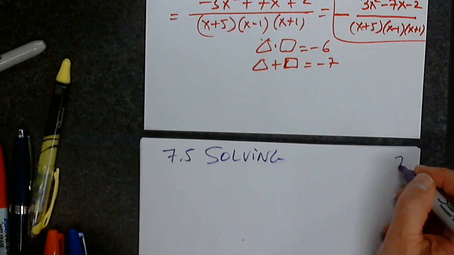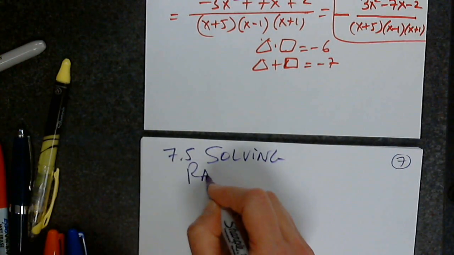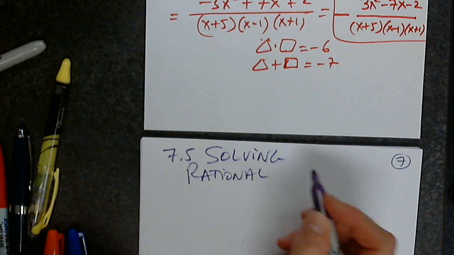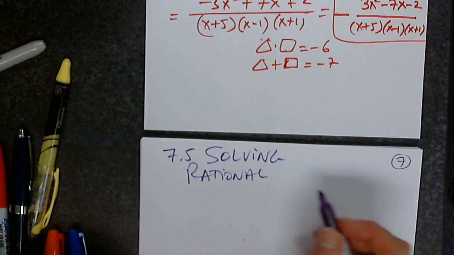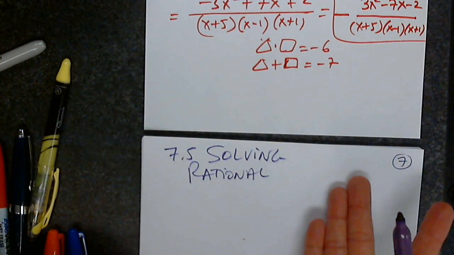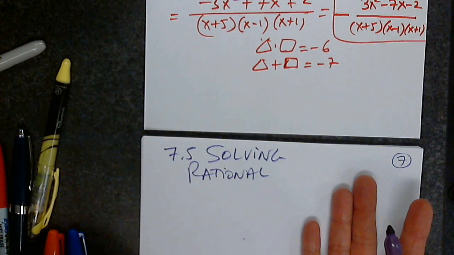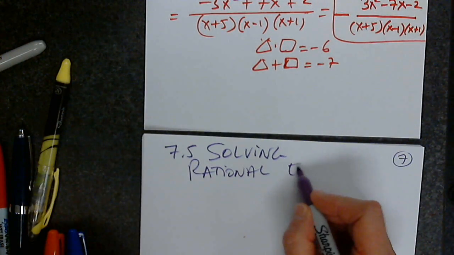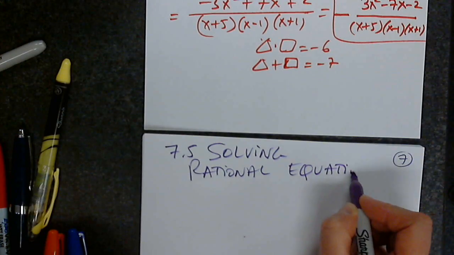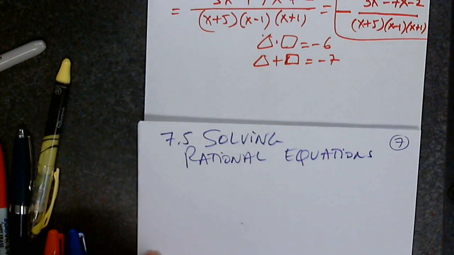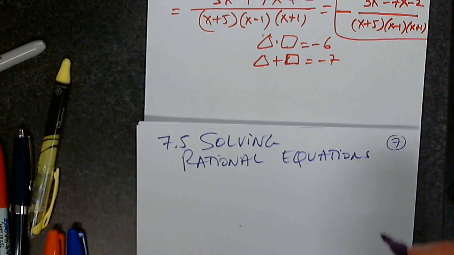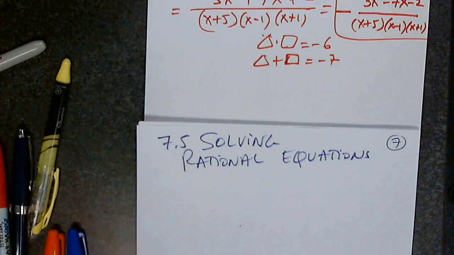What do you think? Rational? If I said solving rational, what should follow? That's true, but in this case, it's going to be just equations. But you're right. We can do that too. But in this chapter, we only look at rational equations.